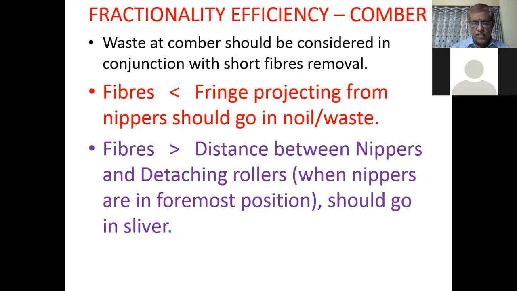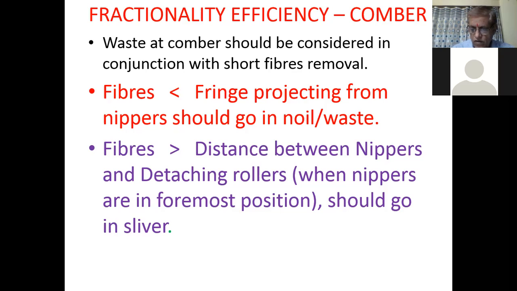We are assuming that fibers having length lesser than the fringe projecting from the nippers while the half lap is being combed may go in noil or waste. Second, fibers which are greater than the distance between the nippers and the detaching rollers when the nippers are in the foremost position should go in sliver.